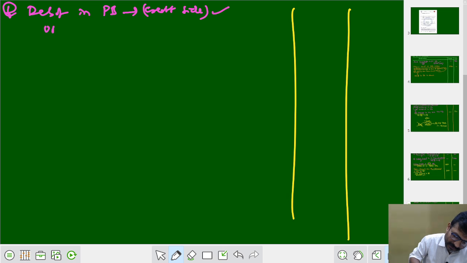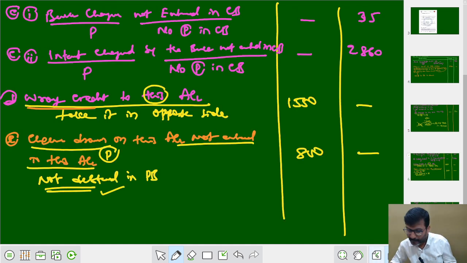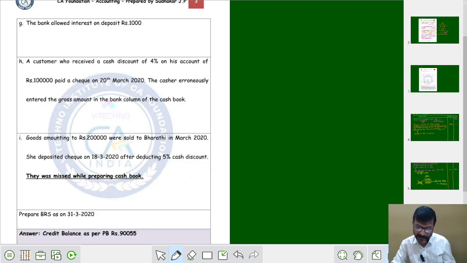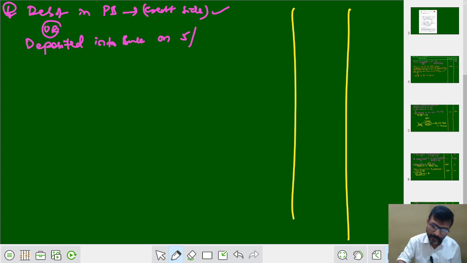Another way of answer. Deposited into bank on when? When it is deposited into bank? On 5th April, right? So we have to write deposited into bank on 5th April. Means what? Deposited means what? Receipt. Receipt happened on when? 5th April.